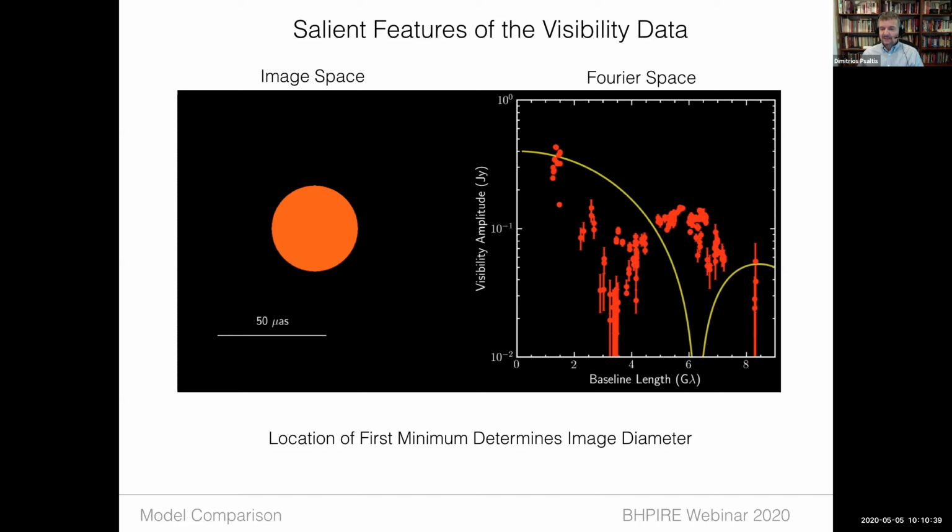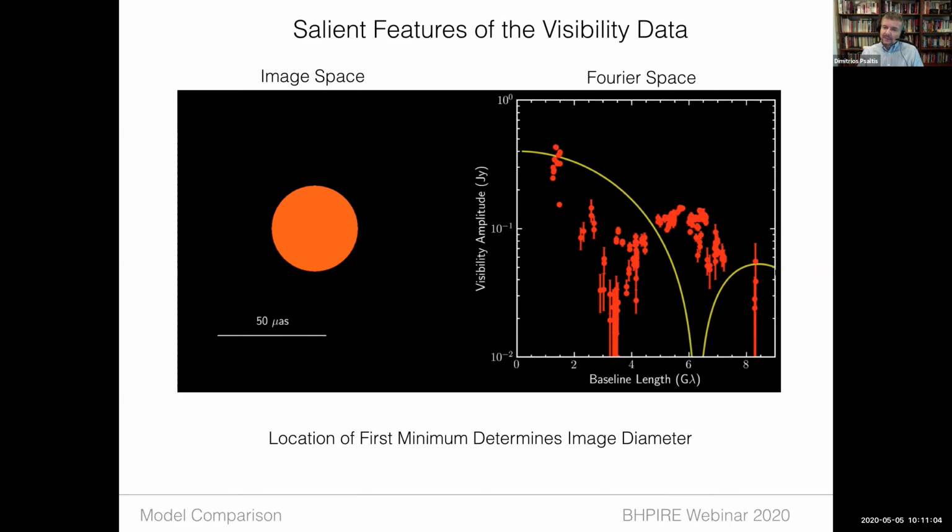Visibility amplitude as a function of baseline length, and the red data points are here. If we were to have an image in the sky that was just a uniform disk with this characteristic size, I don't know what it is, maybe 25 microarcseconds, and I were to take the Fourier transform of that image, that will just be a simple Bessel function. And this is what it would have predicted. And clearly that's inconsistent with the data.